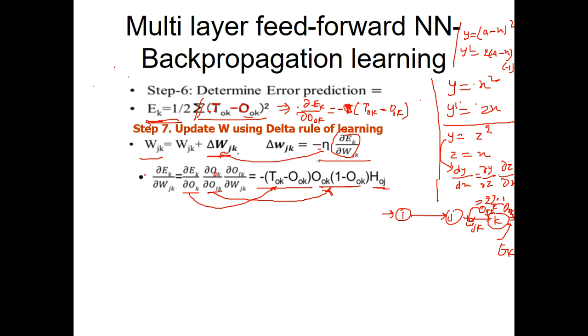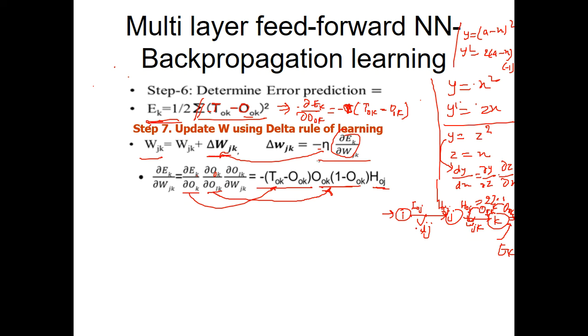Similarly, now we want to update the weight Vij here. Here there is HOJ, here it is HIJ, here it is IOJ.